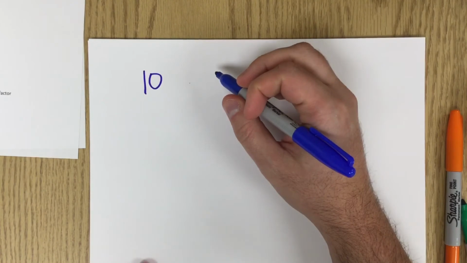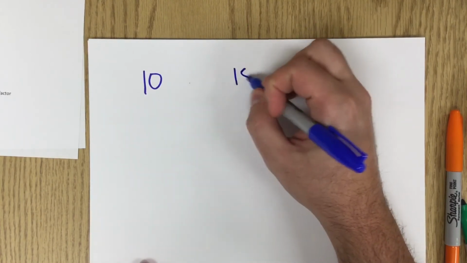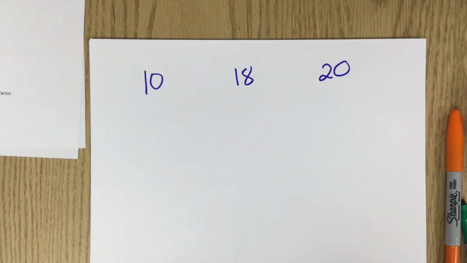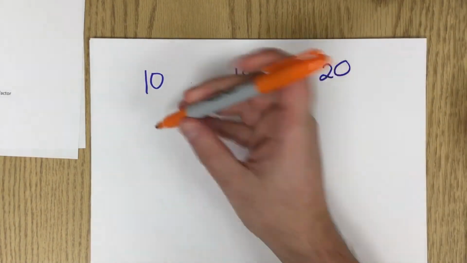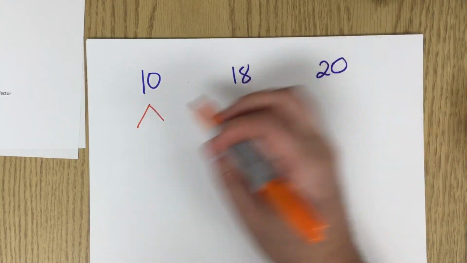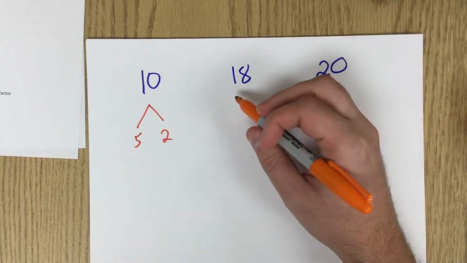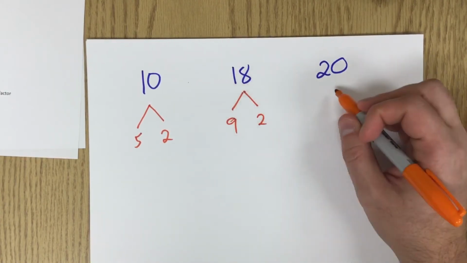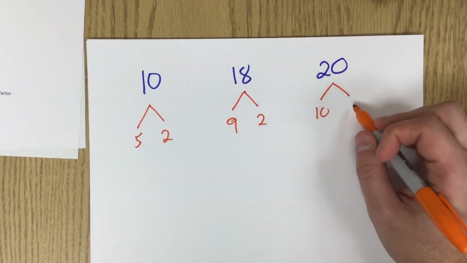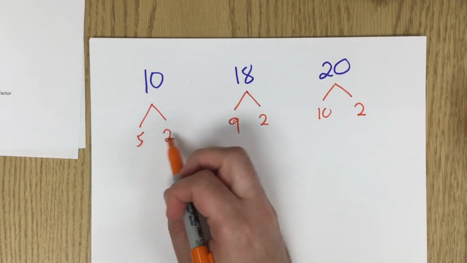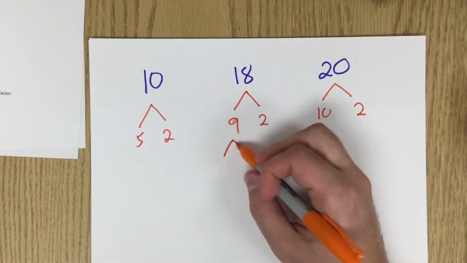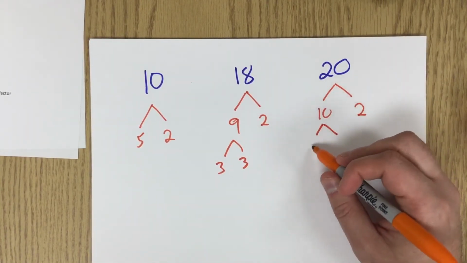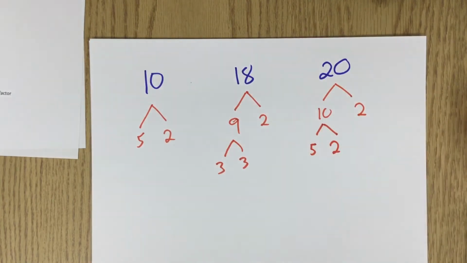Let's say we have 3 numbers, 10, 18, and 20. So 10 is 5 and 2, 18 is 9 and 2, 20 is 10 and 2. Both of those 2's are prime, so we're not making those any smaller. 9 is 3 and 3. 10 is 5 and 2.